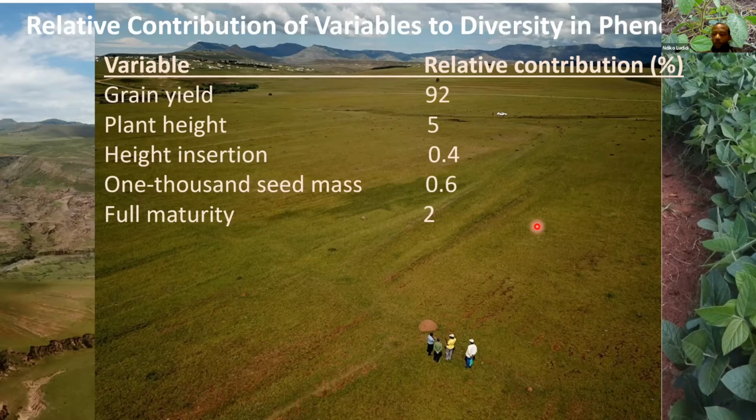Of course, we know that as a result of climate change, much of South Africa has developed a pattern where droughts become more severe and also more frequent. So eventually we will have to come up with varieties that can withstand drought if we are to sustainably produce soybean in South Africa.